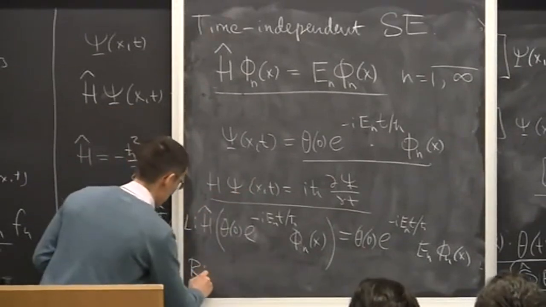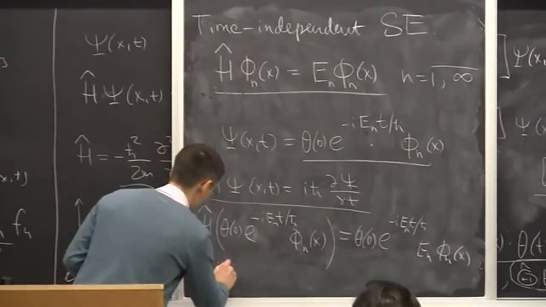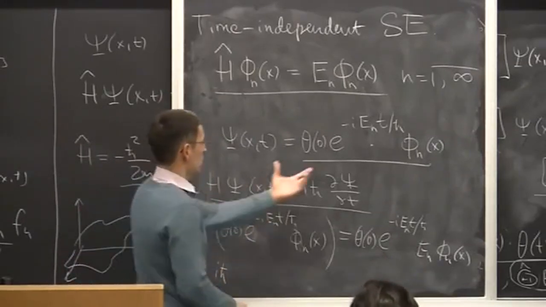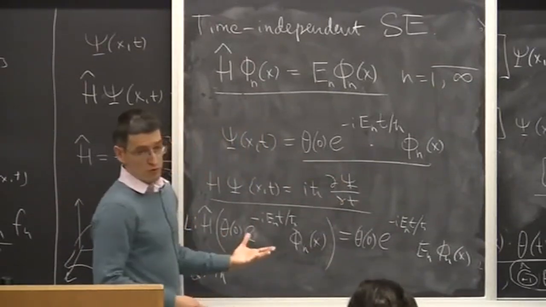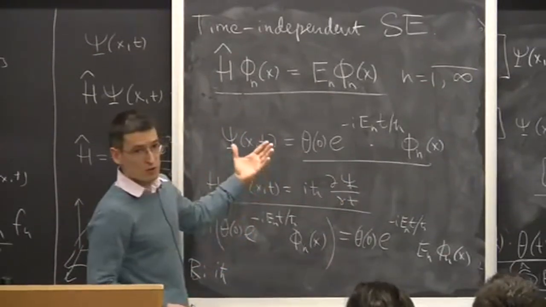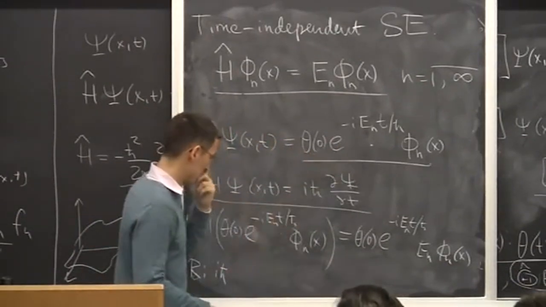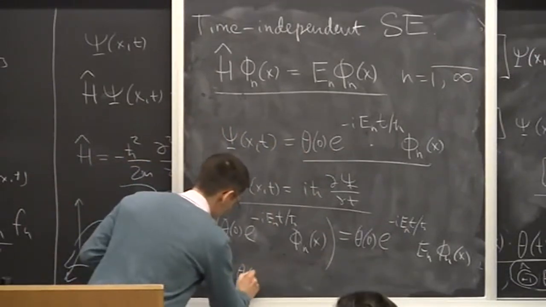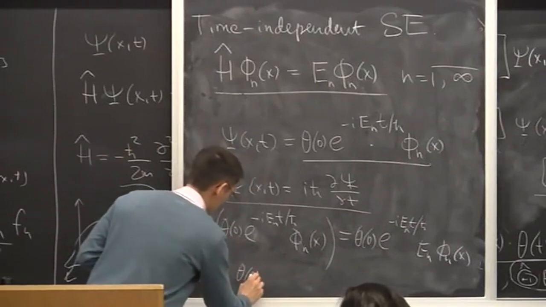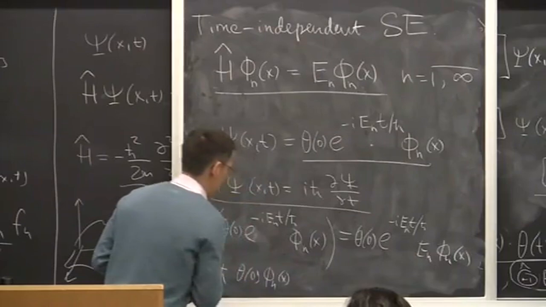Now let's see what the right-hand side is. The right-hand side is i h bar, and we need to differentiate this thing. Differentiation with respect to time will affect only the part that depends on time, which is this exponent, right? And we know how to differentiate the exponent. The constant will be left alone. The phi_n of x will be left alone.